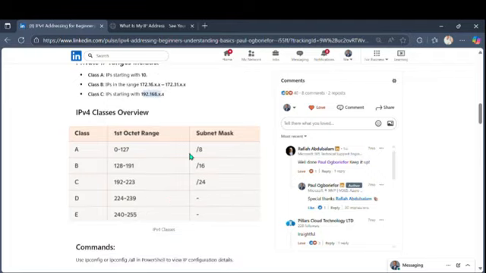For class A IP addresses, there's what we also call CIDR notation, and that is what maps to the IP subnet mask. For /8, here you see that for class A, the first octet range is between 0 to 127, and the subnet mask is /8.